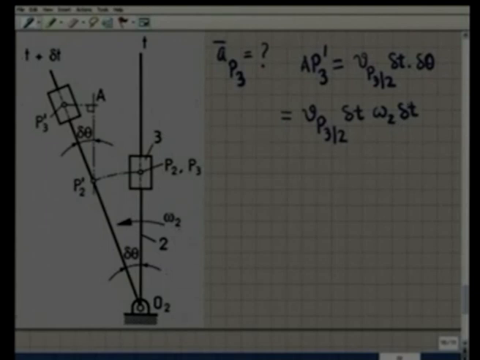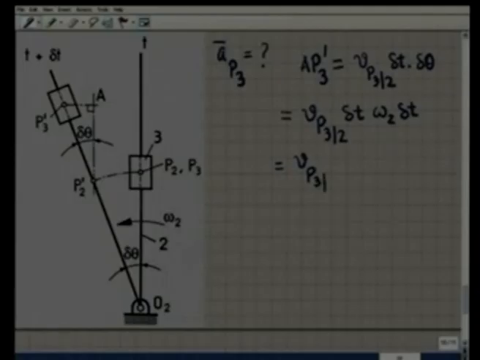Even if it is not constant, during time delta t, due to the angular velocity omega 2, the rotation is omega 2 into delta t. So this comes out to be Vp32 omega 2 into delta t squared.